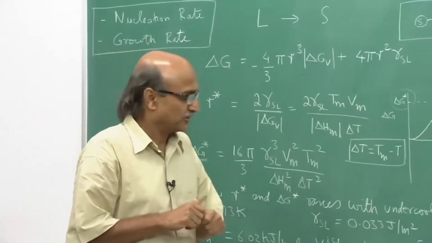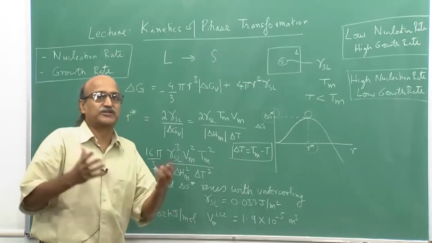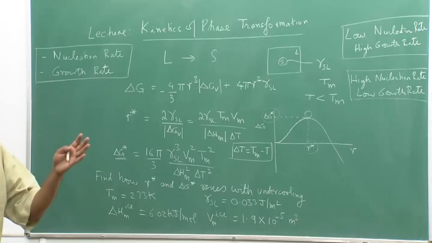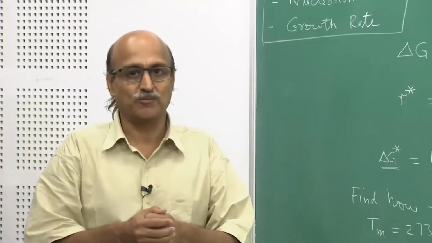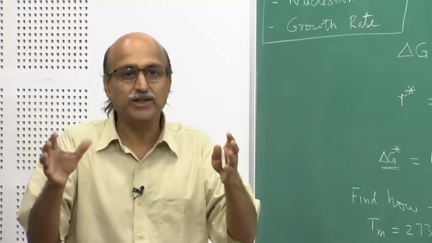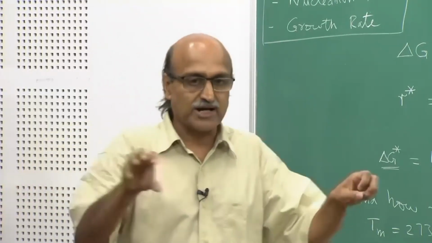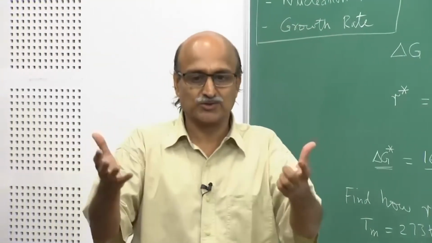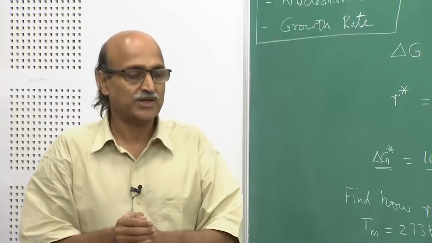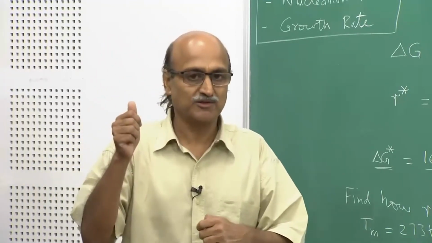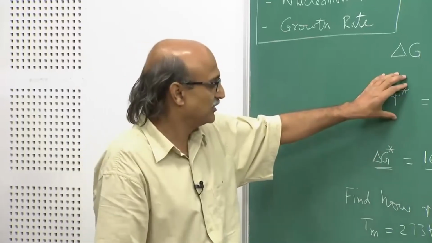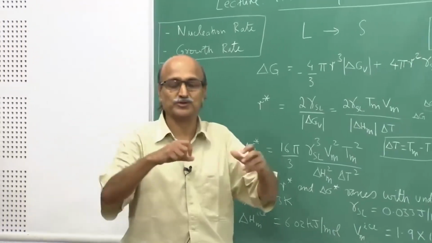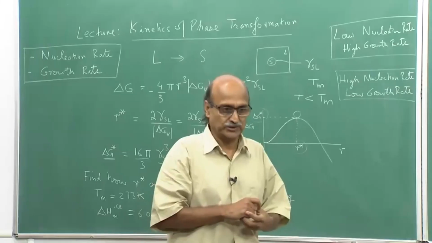So, the larger the number of atoms, the more difficult it would be for these atoms or molecules to come together to form a structure, because how is this structure forming? It is forming by the random movement of these molecules, and a nucleus of a certain size forms by chance. So, the probability of formation of a nucleus will be determined by how large that nucleus is, or how steep the energy hill is, or how many molecules have to come together to form that nucleus.